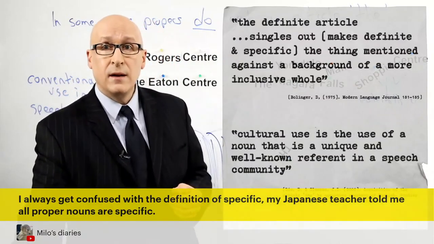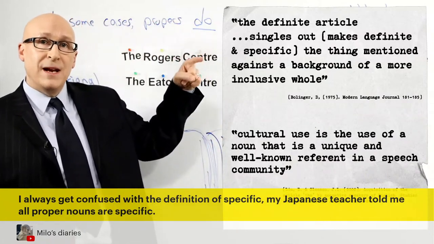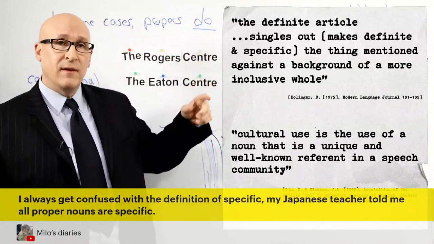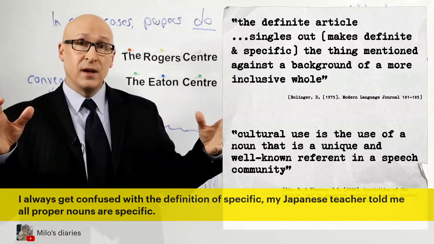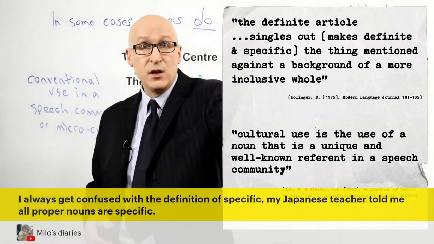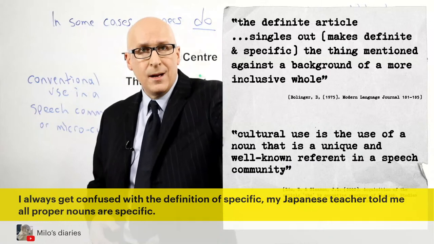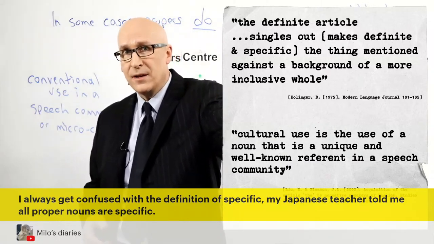Let's go back to that. The thing mentioned against a background of a more inclusive whole. So the inclusive whole is the background of knowledge that you, the speaker, and the listener have, that you share, right? But if it's a total stranger from another country, you don't share the background.